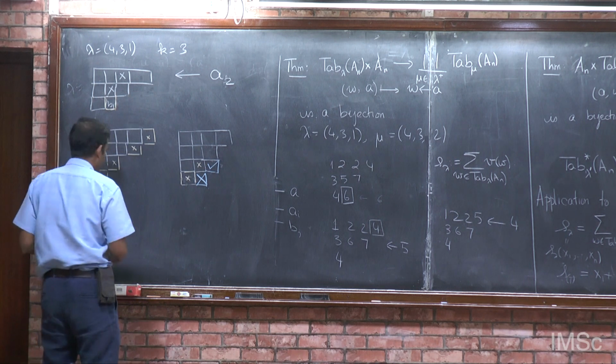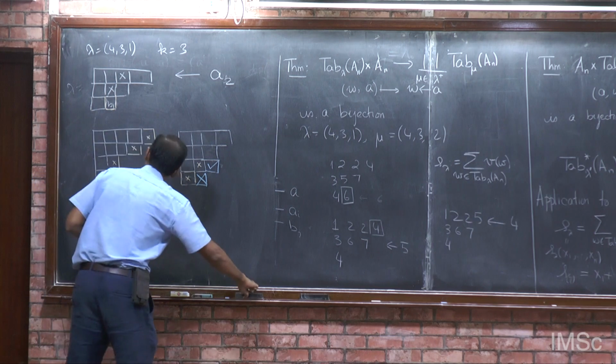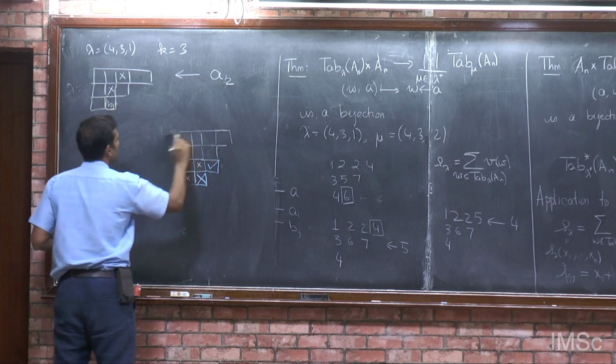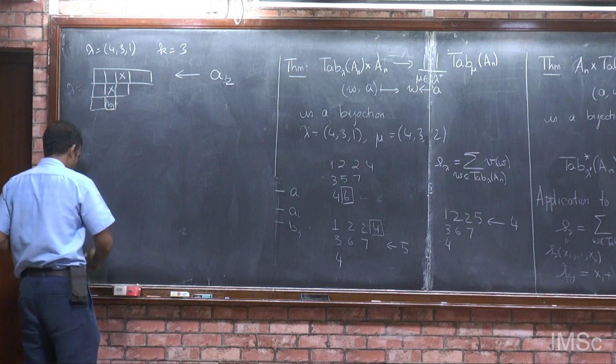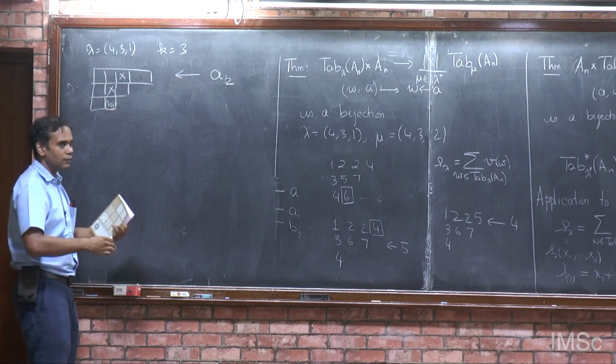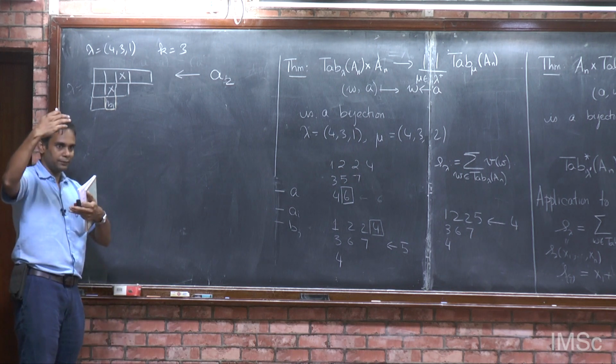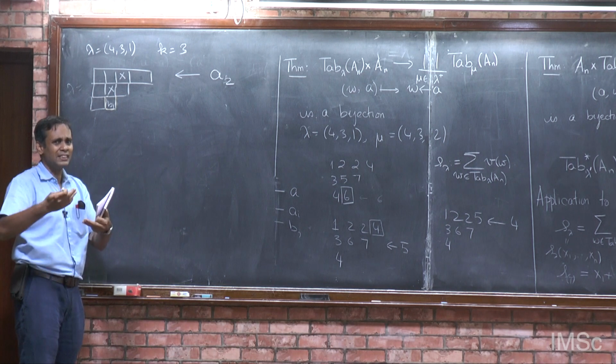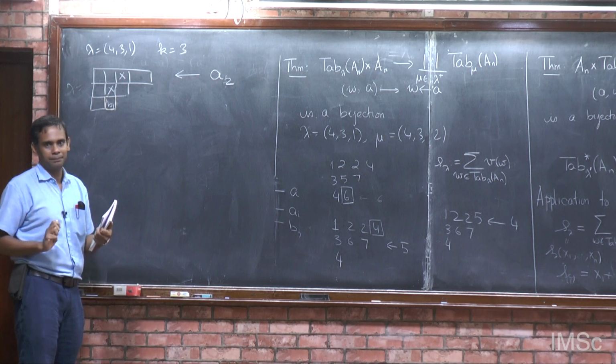So, the new cell introduced by a2 is always going to lie in the row of the new cell introduced by a1 or in a row above it, which forces it not to lie in the same column.